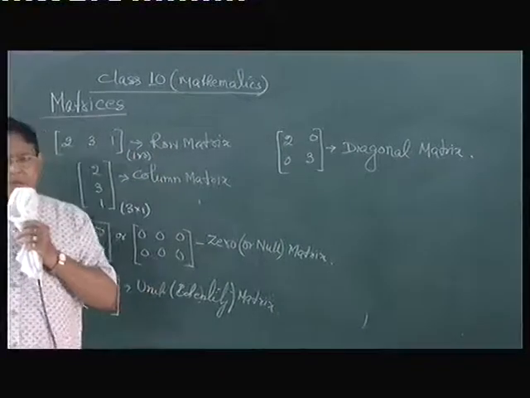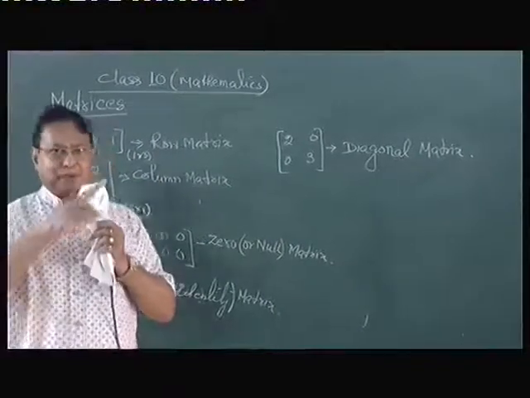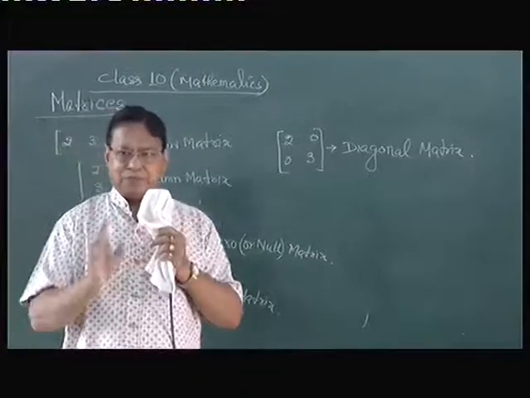So a matrix having elements diagonally, the rest are 0, is a diagonal matrix.